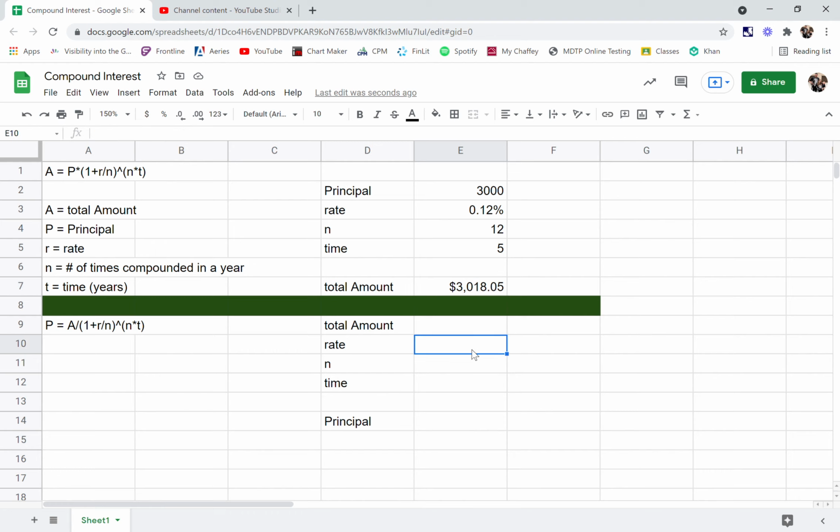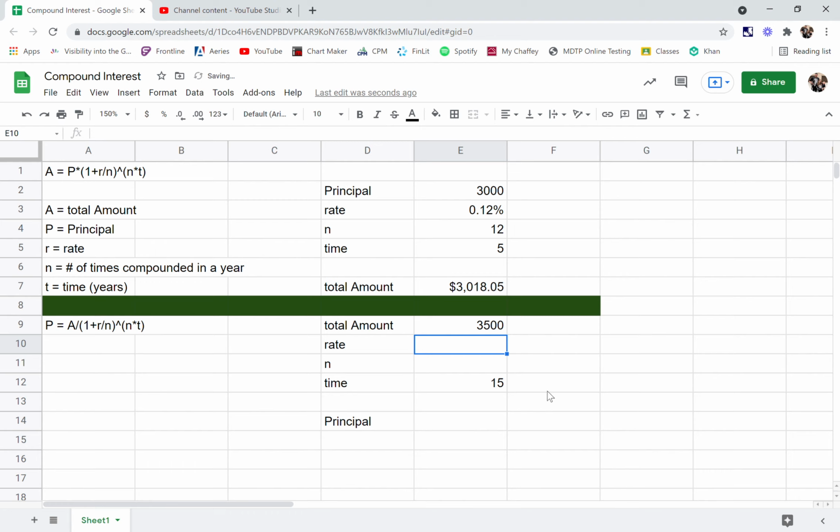Now we're going to do the flip side. Let's say we want to know, we already have in mind how much we want to have in an account total. Let's say in 15 years, in 15 years, we want to have $3,500 in the account.